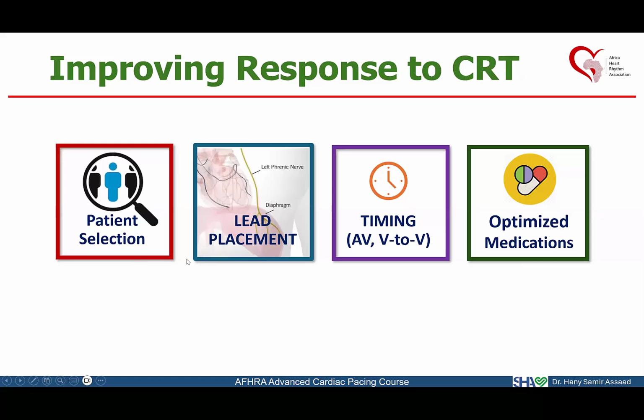Then the lead placement during the implantation, and the timing and the programming itself, during implantation, after implantation, and on follow-up, to customize and personalize the programming and the parameters for your patient. You might also activate some automatic optimization algorithms offered by the different companies, which we will also discuss in the next sessions. And of course, the optimized medications.